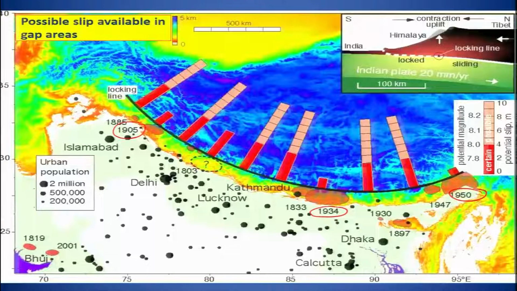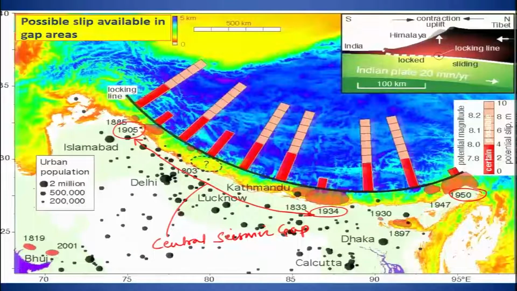So, a term has been given: this area which exists between the 1905 and 1934 earthquakes has been termed as the central seismic gap. There is another gap which has been suggested in between 1934 and 1950, which you can call the Assam gap.